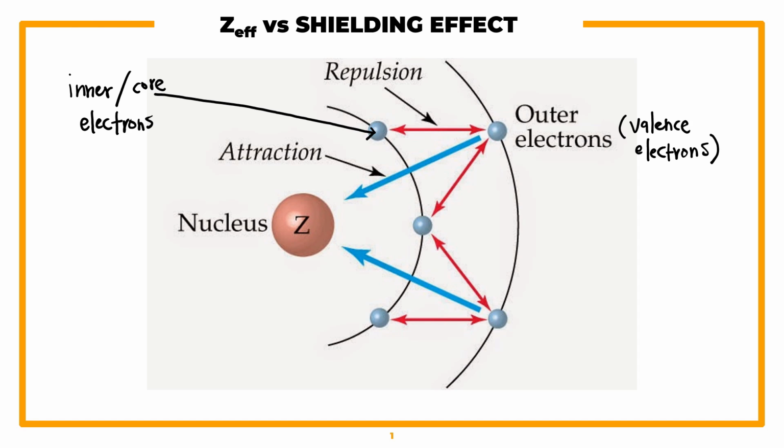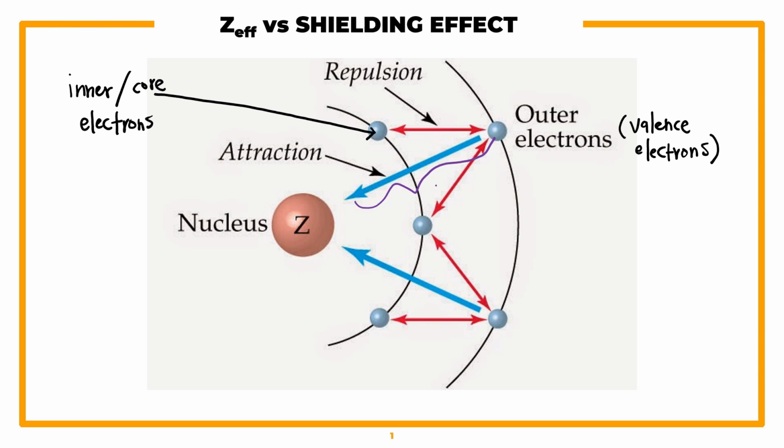By looking at this image, you can see clearly the difference between effective nuclear charge, Zeff, and shielding effect. So here we have outer electrons or valence electrons in the valence shell, and electrons at the inner core, here we call it as inner or core electrons. So the attraction between this valence electron towards the nucleus, this is so-called Zeff, that is effective nuclear charge.